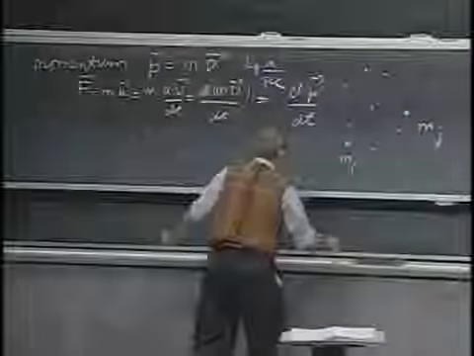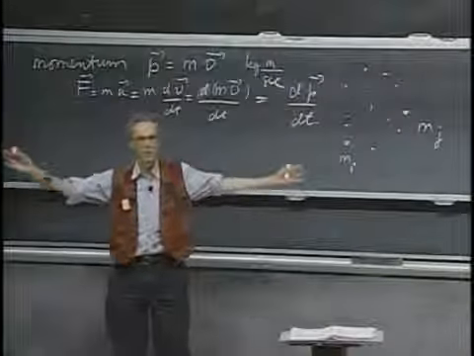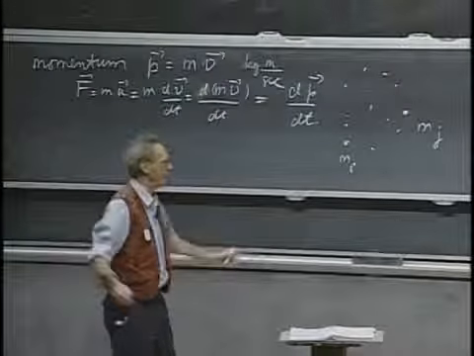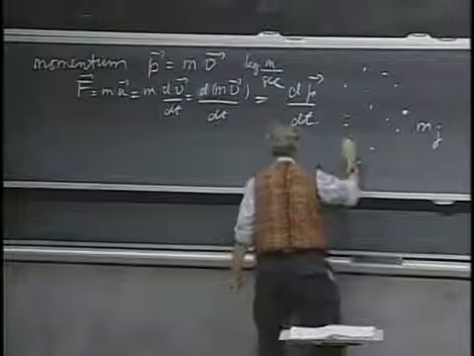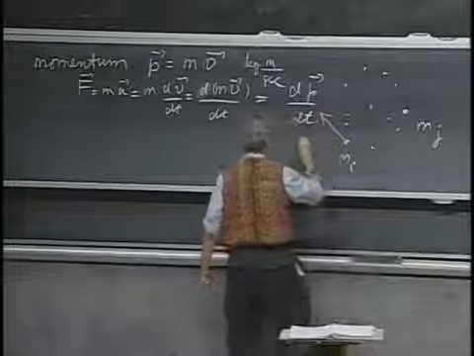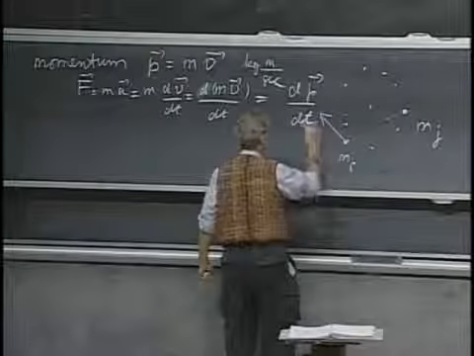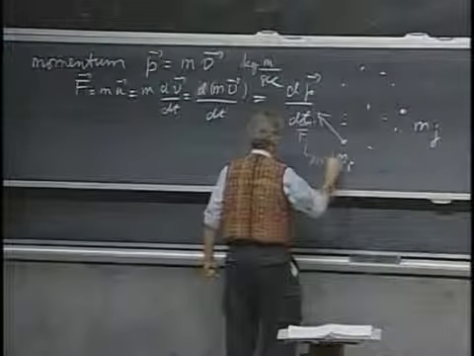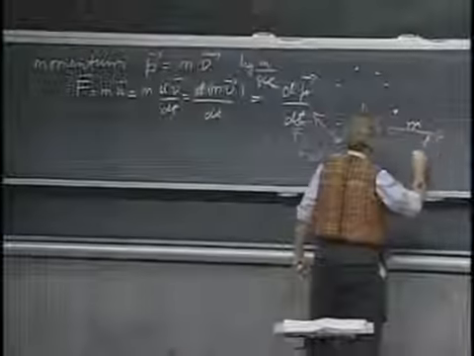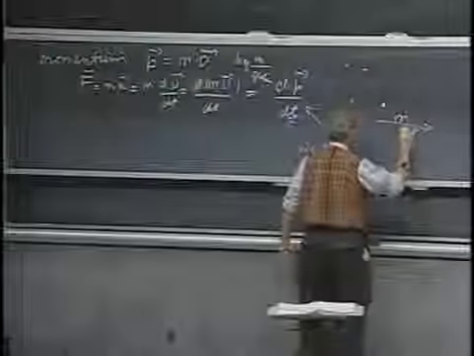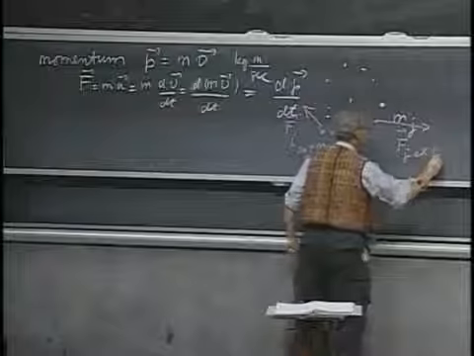And there is an external force on them, because they happen to be exposed to forces from the outside world. And so on this one is a force Fi external, and on this one is Fj external. But they're interacting with each other, either attracting or repelling.